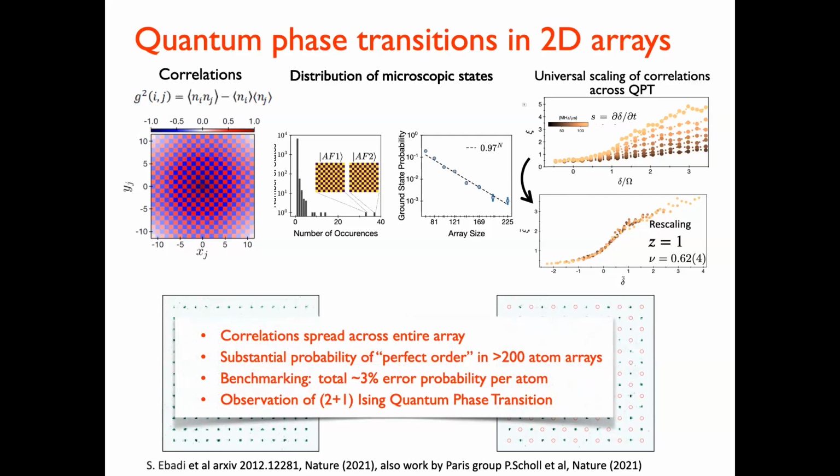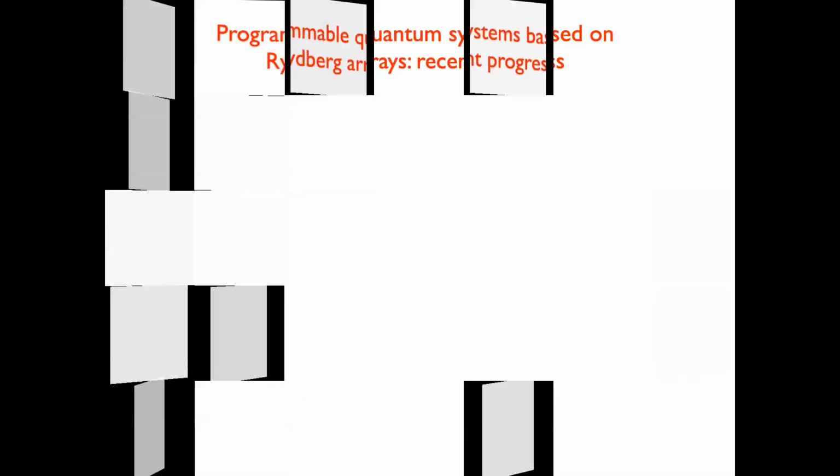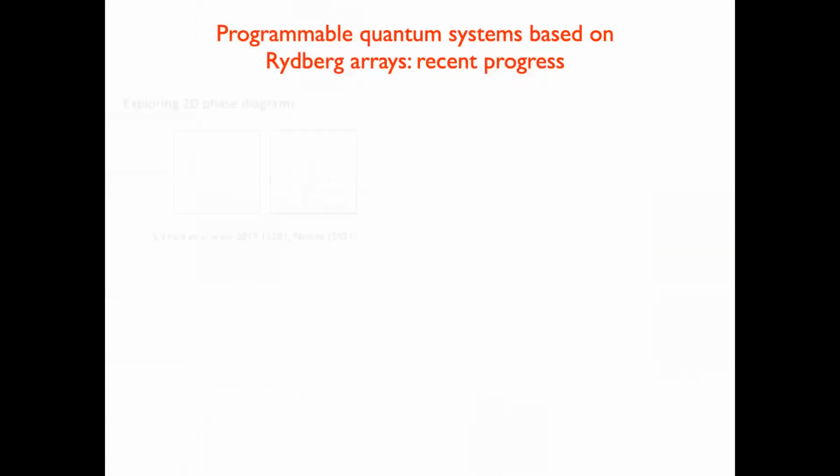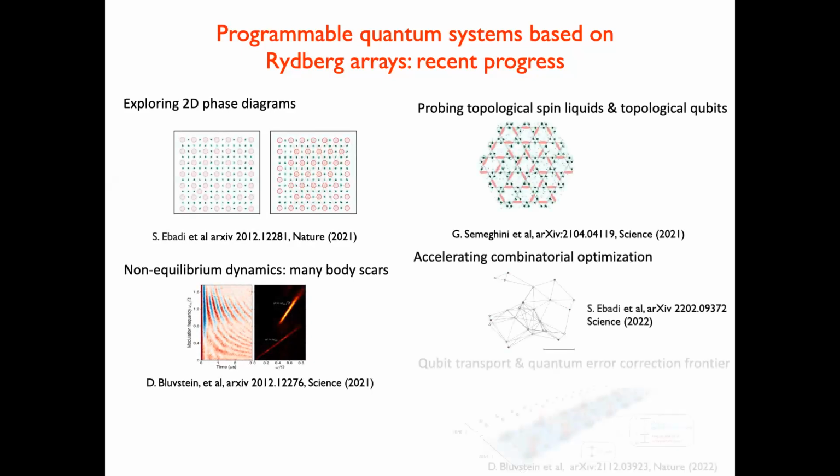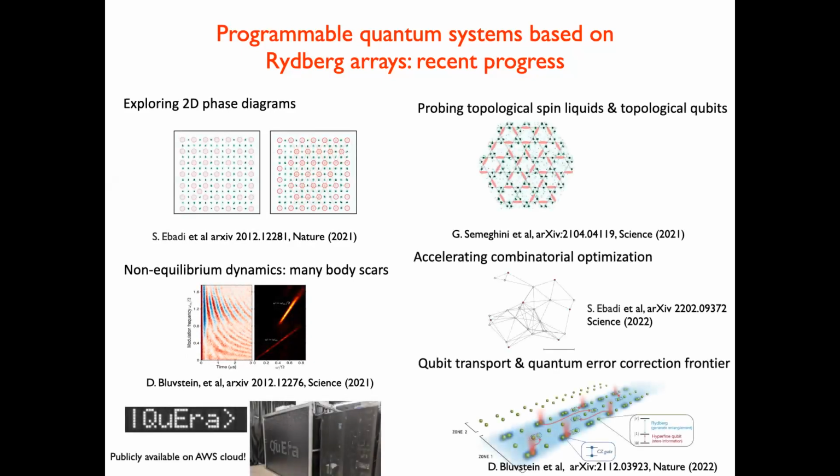With this kind of system, we had a lot of fun, and we explored all sorts of things: exotic phases, studied dynamics, pushed the systems far from equilibrium. We explored topological physics. For example, we created for the first time a topological spin liquid and a small baby topological qubit.